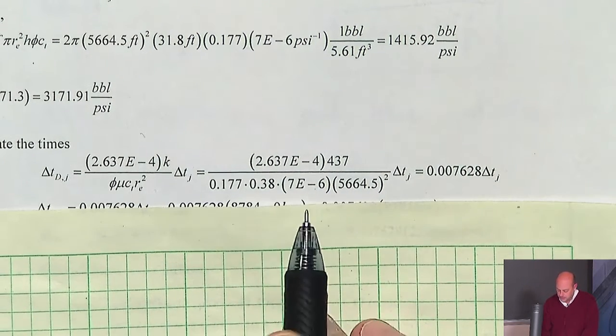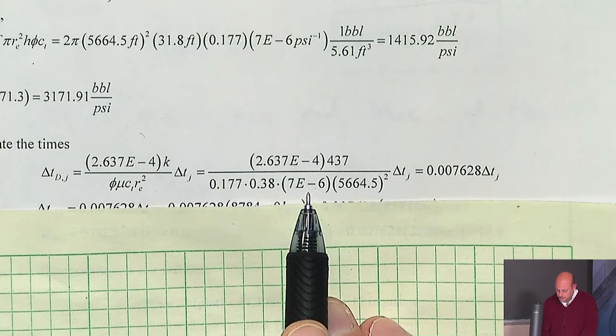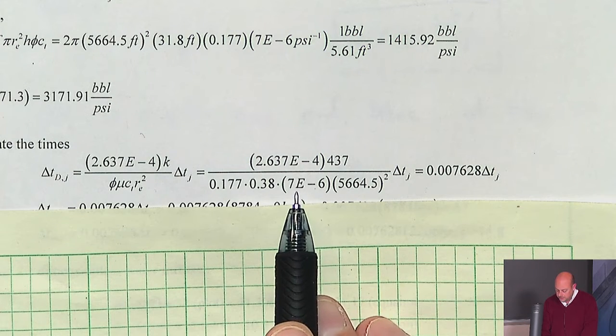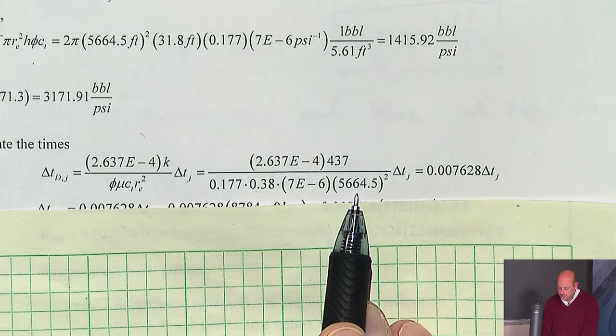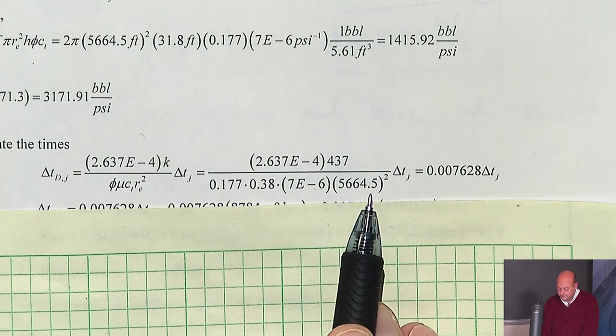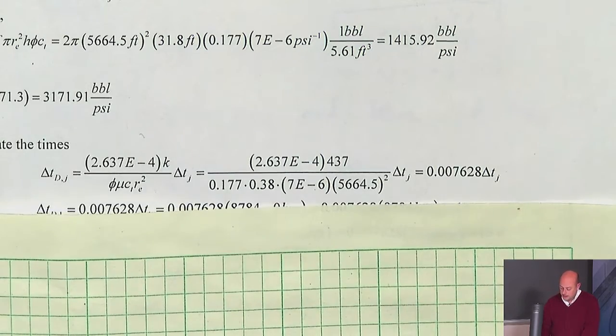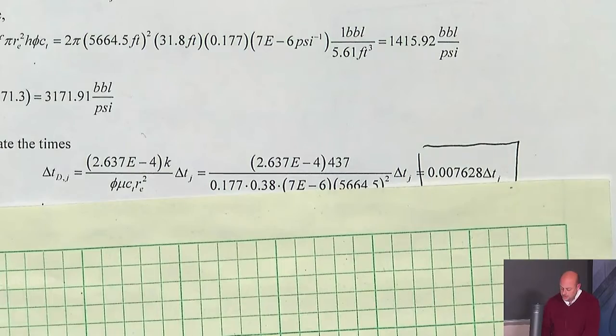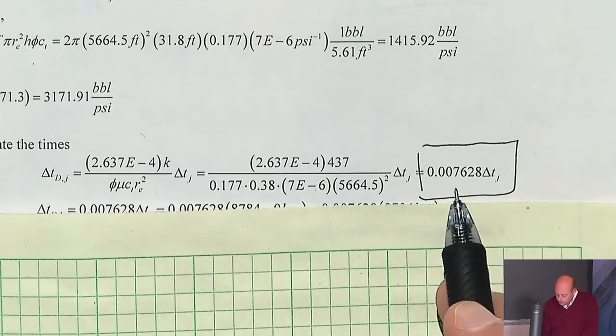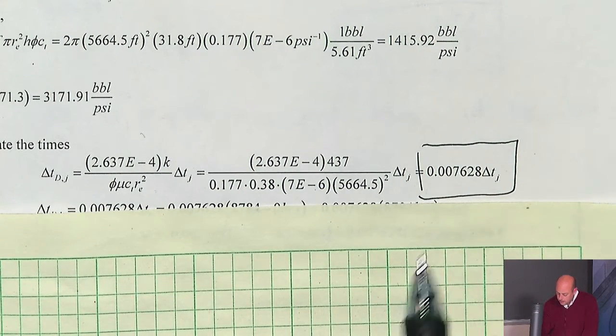Don't use the oil viscosity. Compressibility is 3 plus 4, which is equal to 7 e to the minus 6. And if you remember from last Friday, we calculated the effective radius of the reservoir to be 5,664.5 feet. And you square that, and this is what I get. Okay, so I just did this calculation once. It's 0.007628 delta Tj.